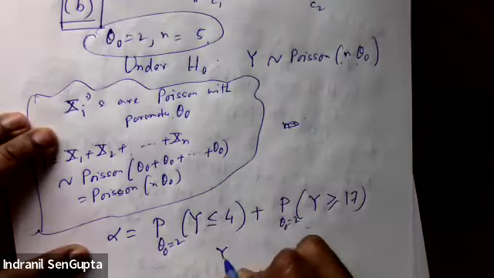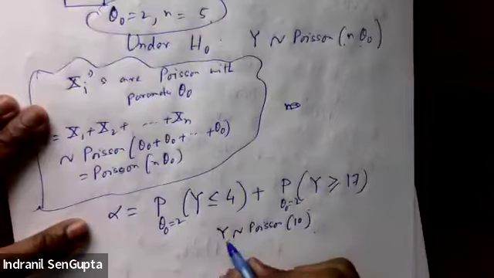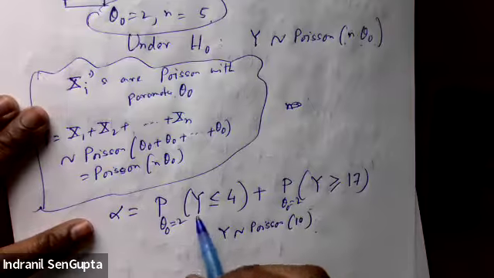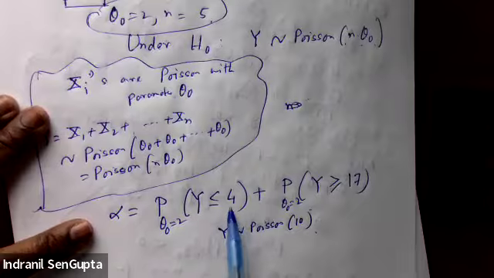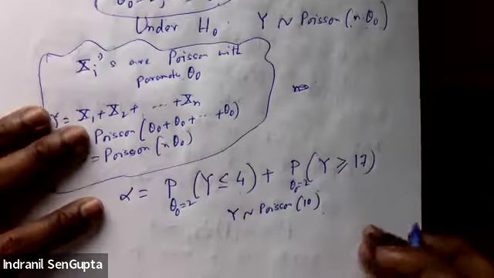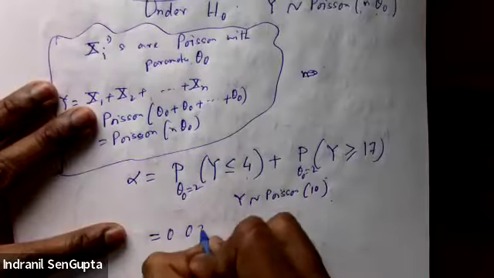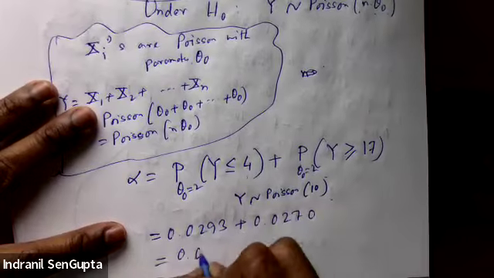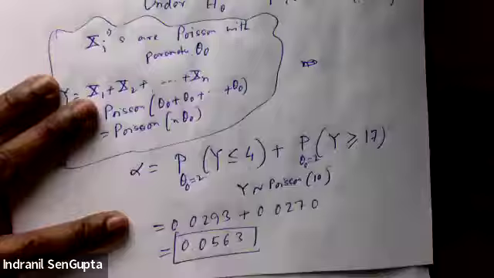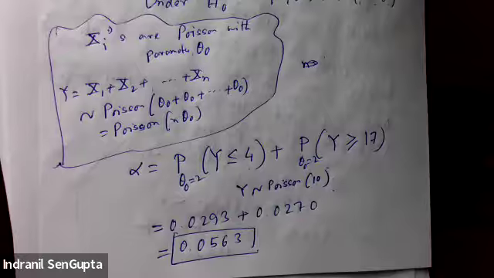So that means your Y is really a Poisson 10 under the null hypothesis. Right, now it's very easy to compute this number. Basically you compute the probability that the Poisson distribution with parameter 10 is less than 4, equal to 4, and more than 17. I'll leave it to you to compute this. So the first number should be around 0.293. That's 0.0270. So if you add this, it's 0.563. So that's the answer. It's assuming that you're using the independent Poisson, and then the sum is Poisson.